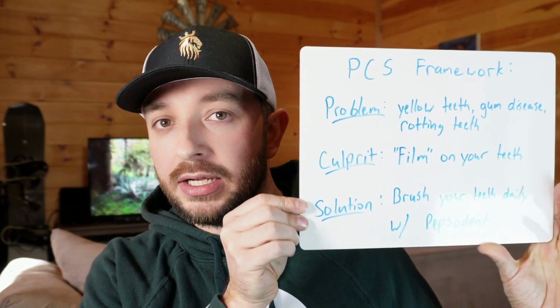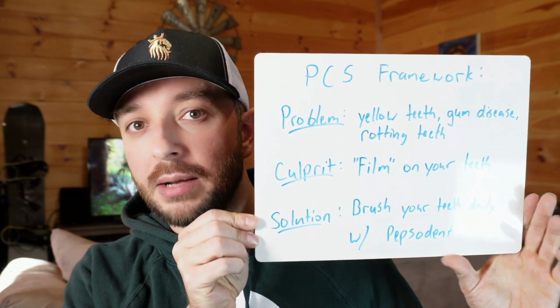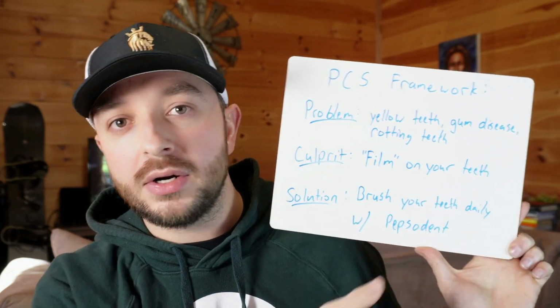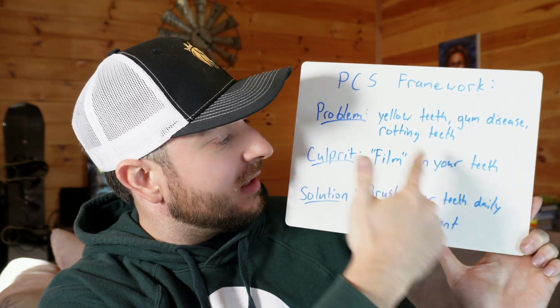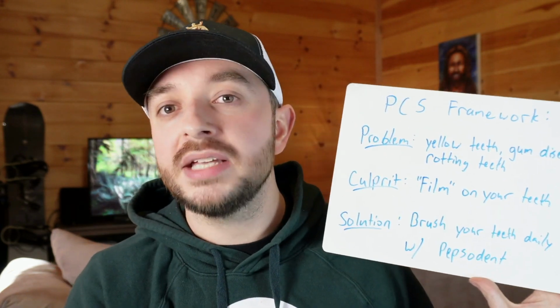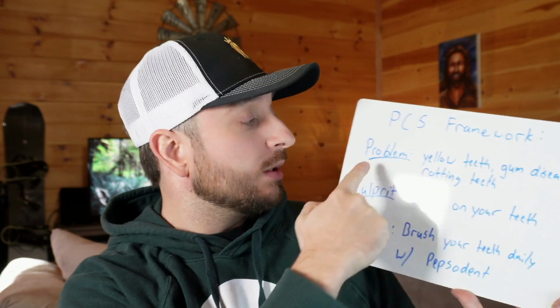So this is the model right here: problem, culprit, solution. I'm going to break down each one of these and how they work, using the Pepsodent toothpaste example, and we're going to see how this comes into being. Number one is the problem. We want to look at the problem. You can't create a good offer without fully understanding that.